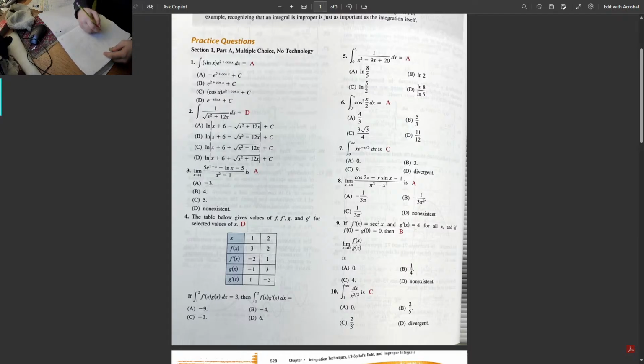Okay, so now we're dealing with 1 over x minus 5, x minus 4 equals a over x minus 5 plus b over x minus 4.